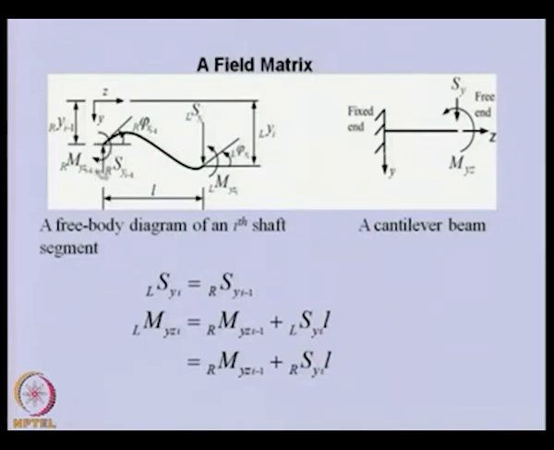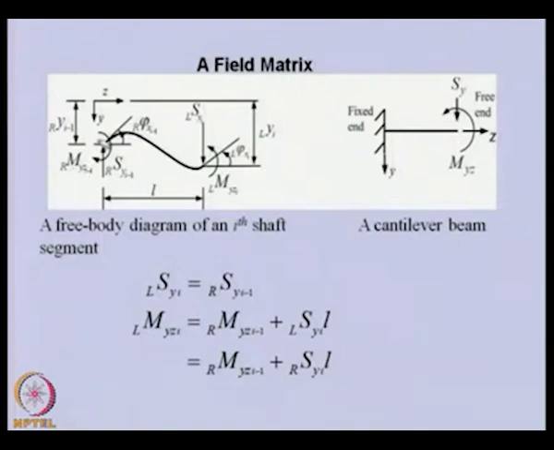We are taking the positive convention of strength of material for representing the shear force. So, shear force that is S y in the y direction at I minus 1th disk, right of that. So, this is the representation of the shear force, and this is the bending moment, which is again in the yz plane and is acting at I minus 1th disk, right of that. So, this is the representation of the bending moment at this location.